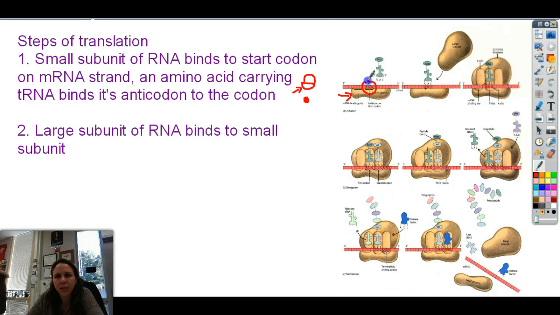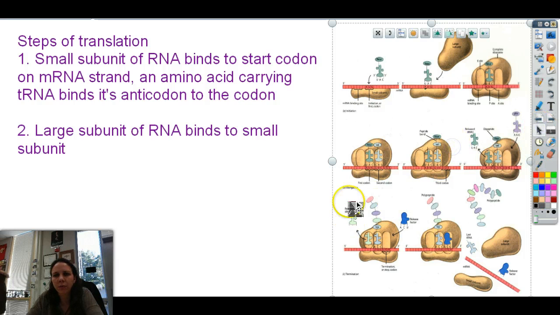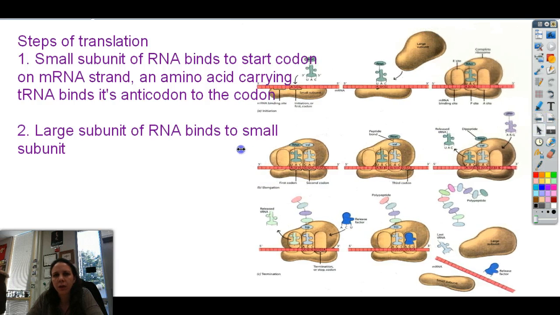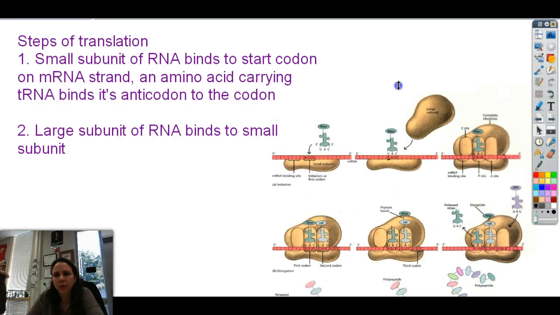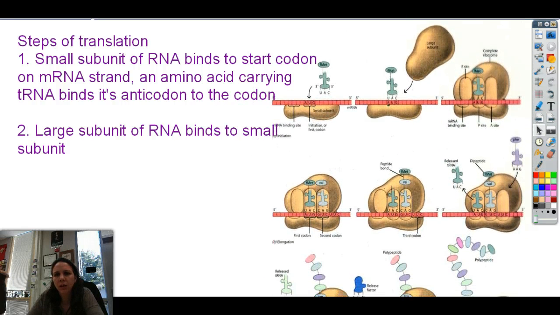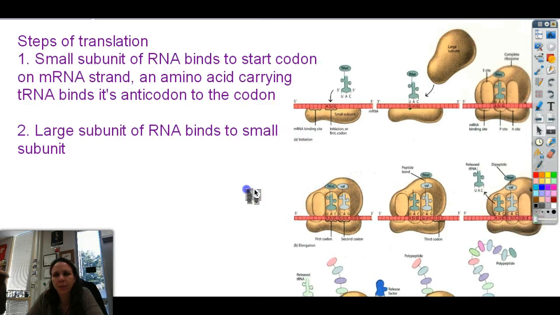Let me see if I can make this bigger for you. Now it's a little bit bigger for you to see. Okay, so the small unit right here is going to find the start codon. So he goes up and down the mRNA strand until he finds AUG.